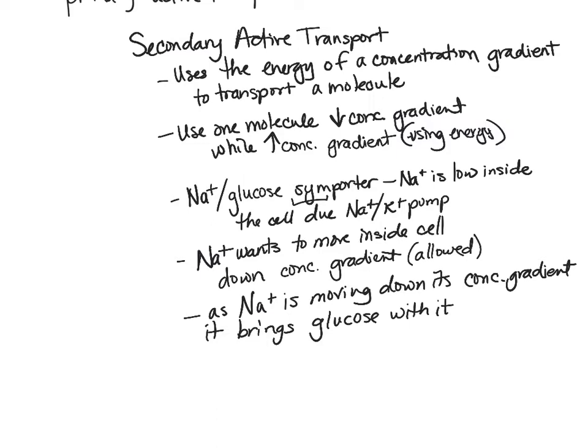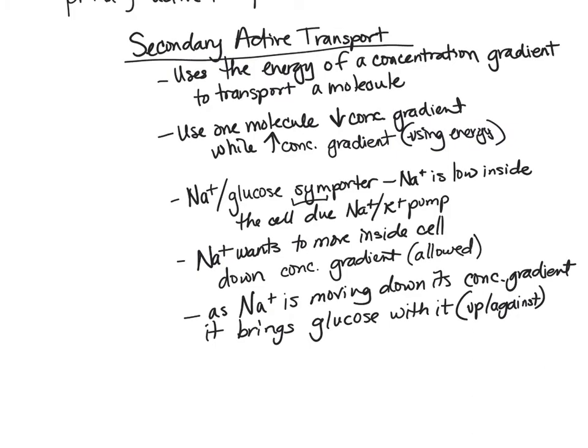And then glucose, we're moving up the concentration gradient, or against the concentration gradient, because we already have high amounts of glucose in the cell, but we want to keep bringing that in. So even if glucose is high in the cell, it's going to continuously do that. And even if it's low in the cell, it's going to be doing that because it's bringing it in with it each time.